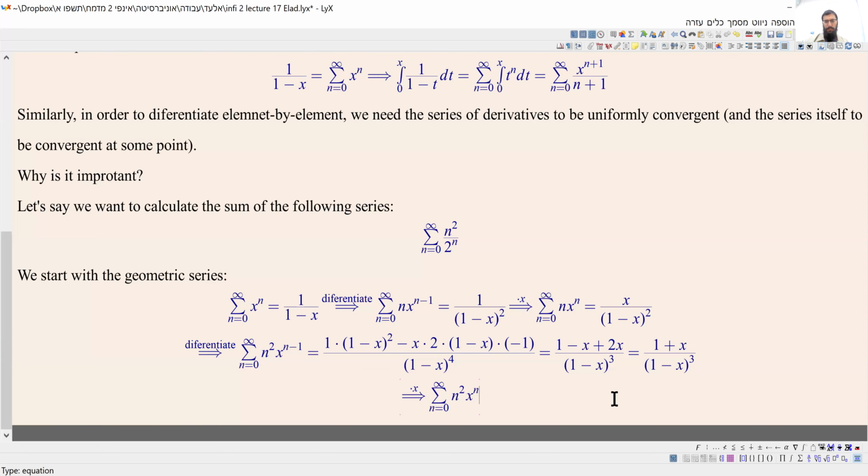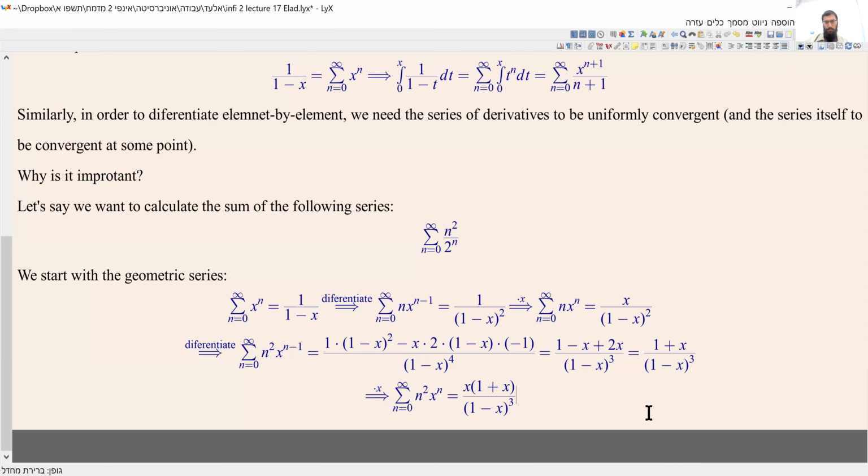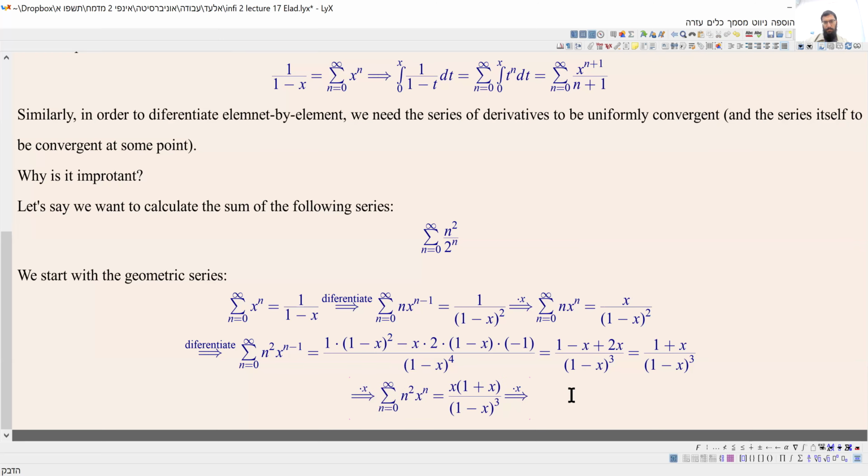And on the other hand, multiplied by x, we get x multiplied by 1 plus x. Finally, we can put x equals half, and we can get our sum.